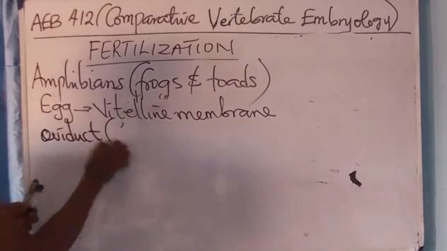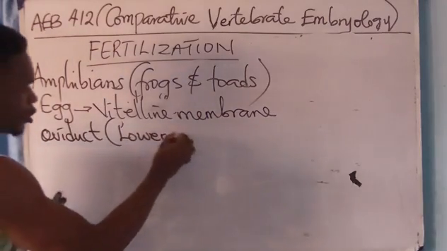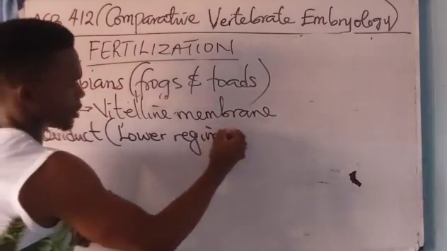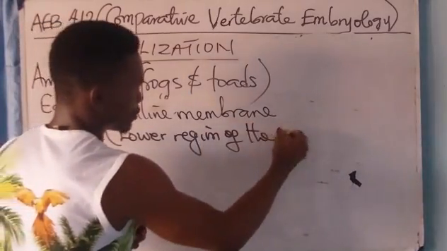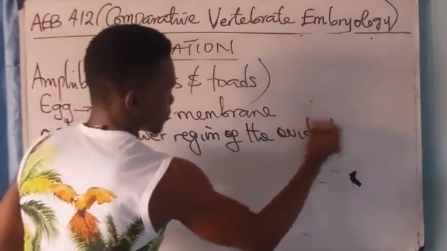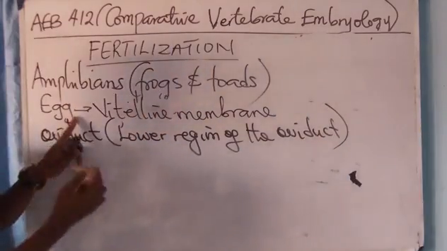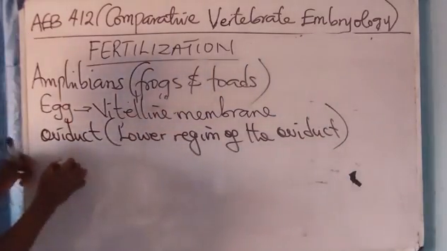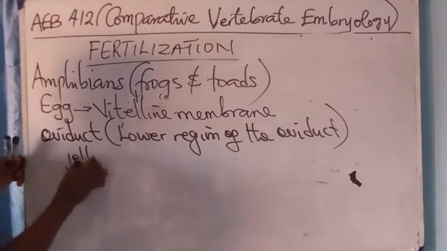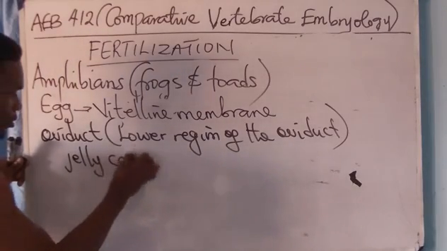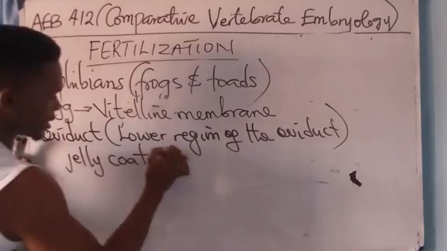To be specific, the lower region of the oviducts. Now, as soon as the egg gets to the lower region of the oviduct, the jelly coats are what? Laid.